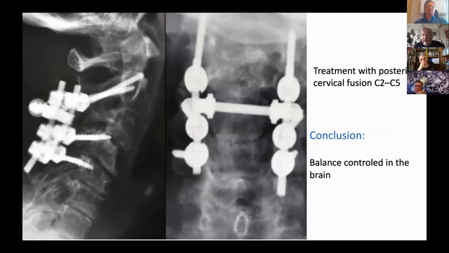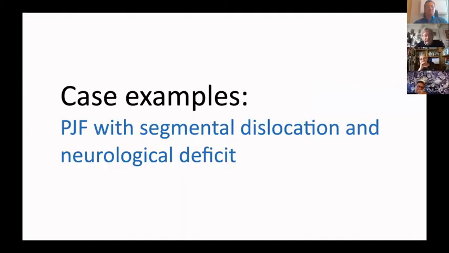So again, there must be some balance control in the brain, which we cannot control with our mechanical surgical thinking. In this specific patient, finally, we had to fix even this problem in the cervical spine because she developed problems in her hands, in her arms, and therefore we were forced even to fix this.